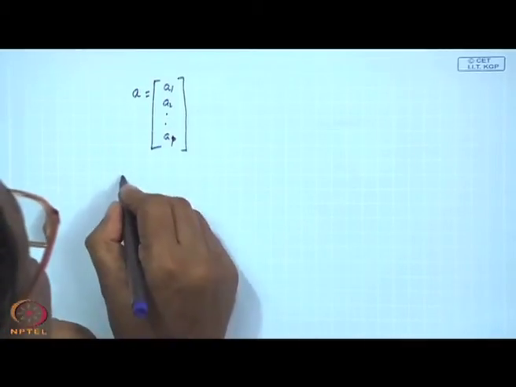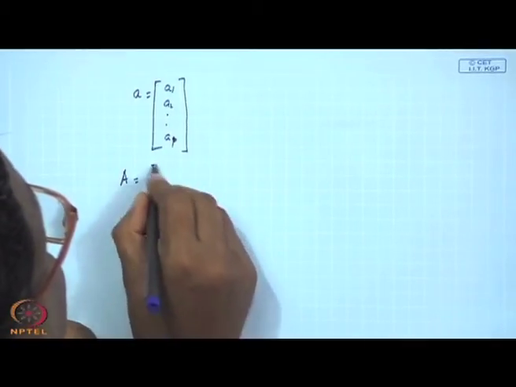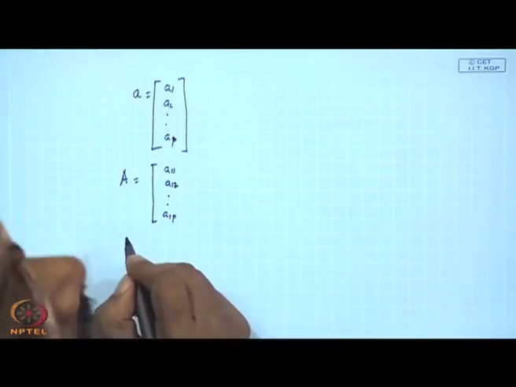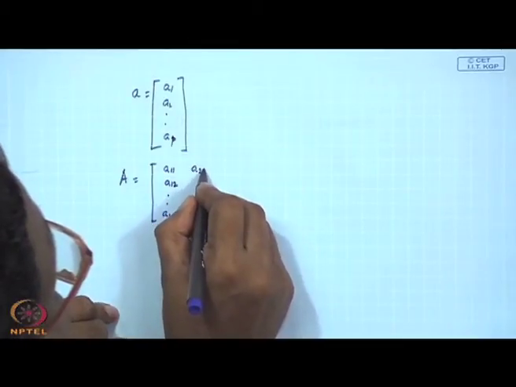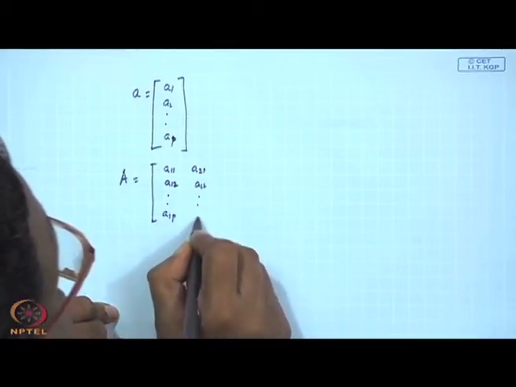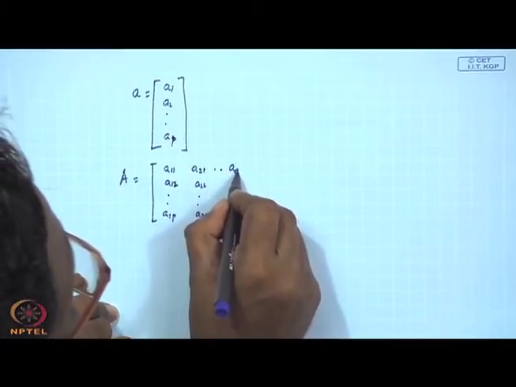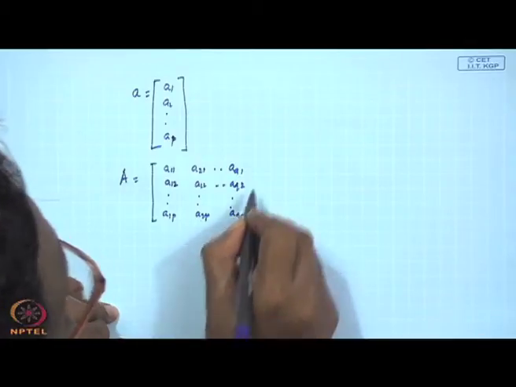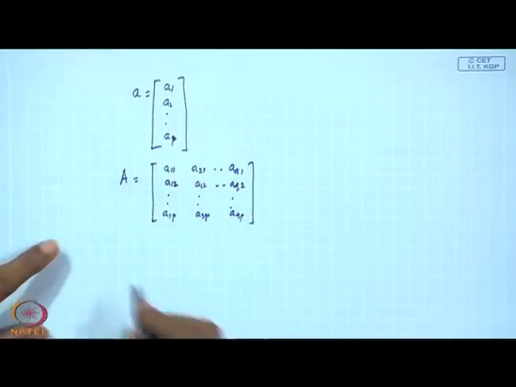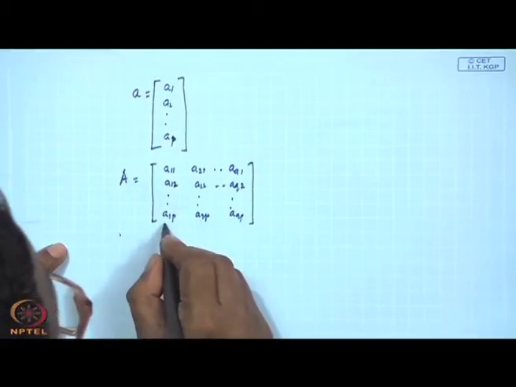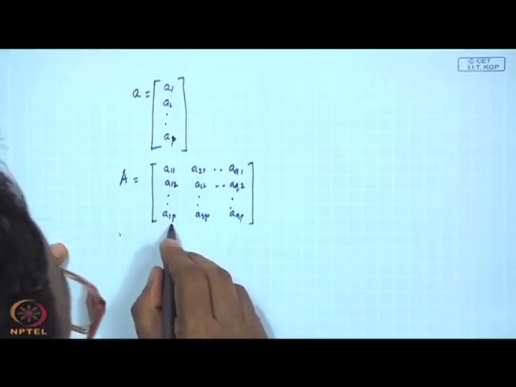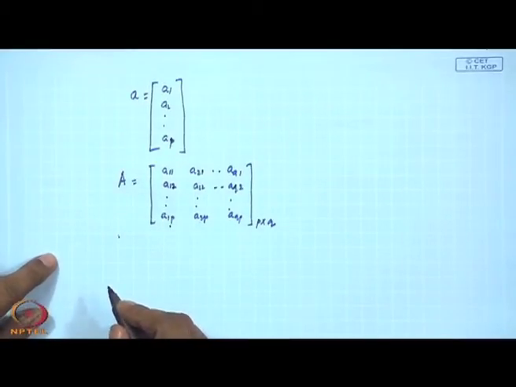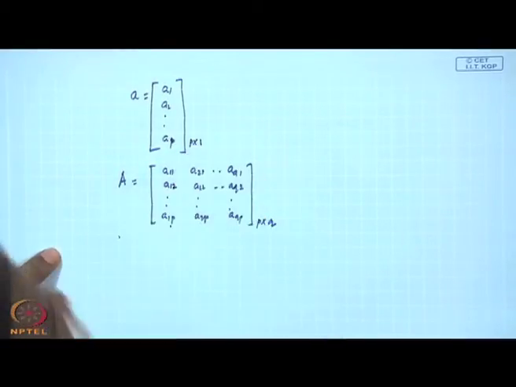Instead of this, I am creating another one like this: a11, a12, a1p, a21, a22, a2p, up to aq1, aq2, aqp. This one is p cross q, and this one is p cross 1.